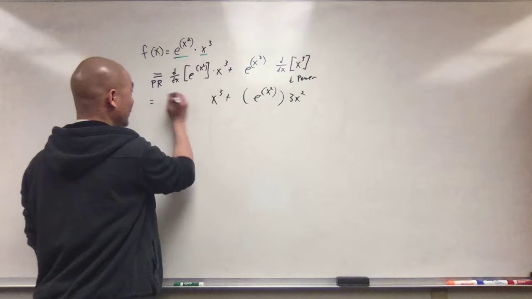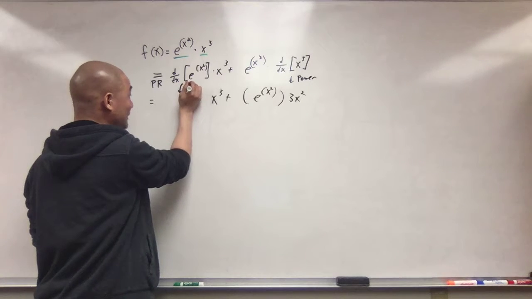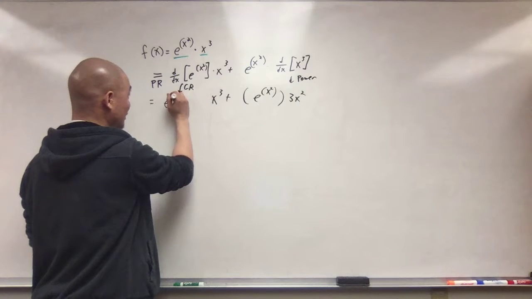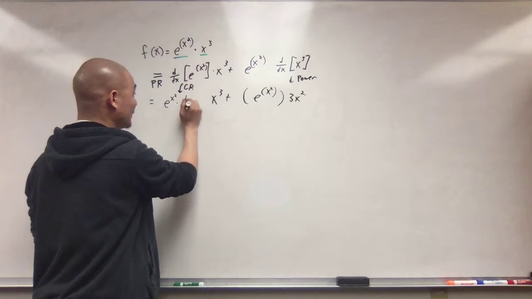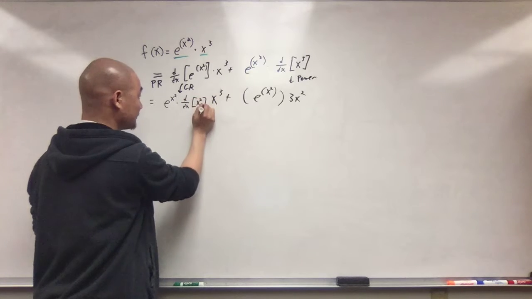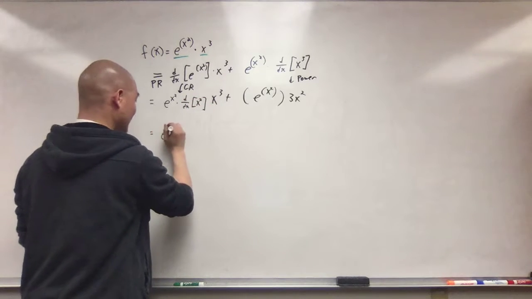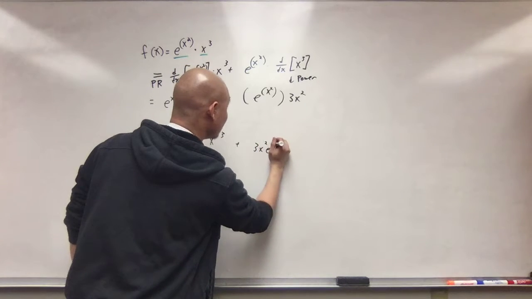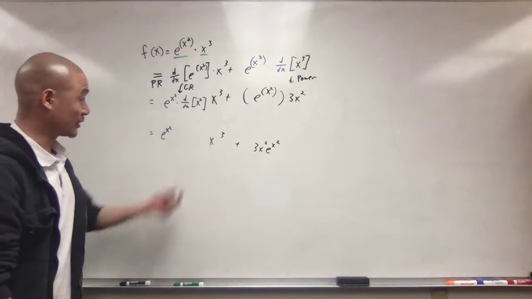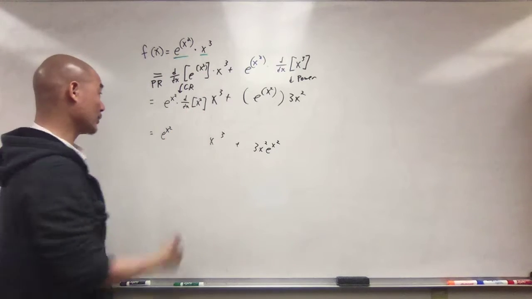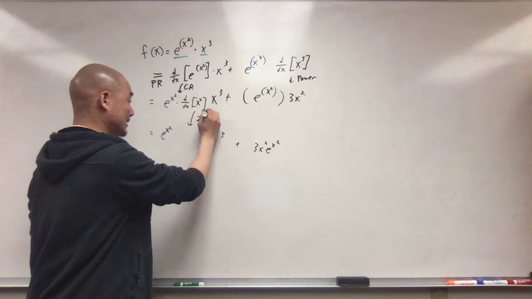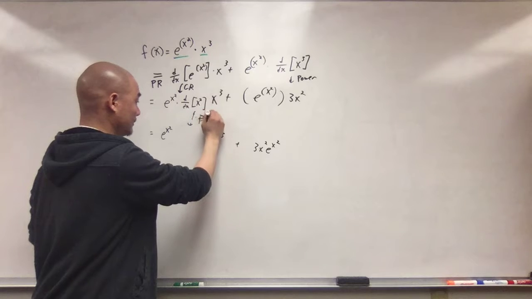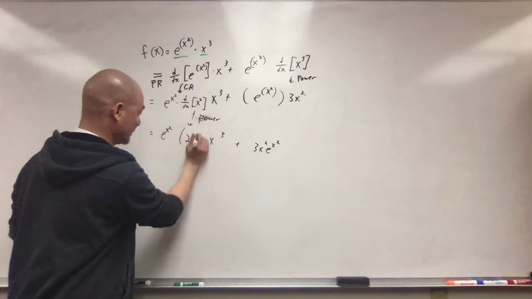So since it's a composition, by the chain rule, I can express that as e to the x squared times the derivative of x squared. And then finally, I can ask myself, do I know how to differentiate x squared? And the answer is yes, again by the power rule, that's going to be 2x.